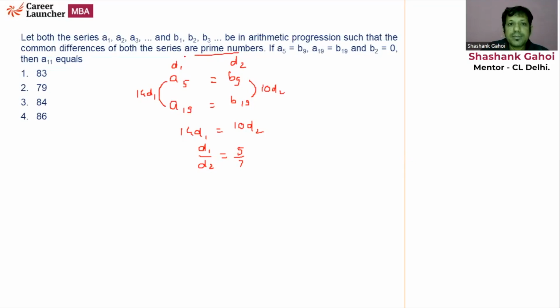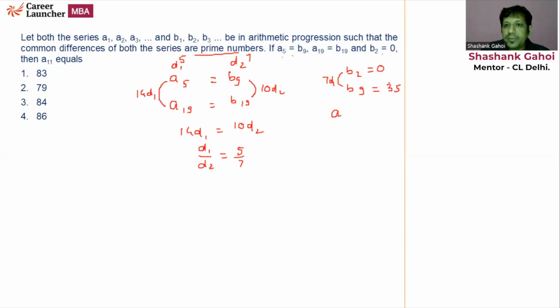So I can say the common difference for the first series is 5, common difference for the second series is 7. Now it is saying that B2 is 0. Now B2 to B9, I have a jump of 7 Ds. So B9 is going to be 35, which means A5 is also 35.